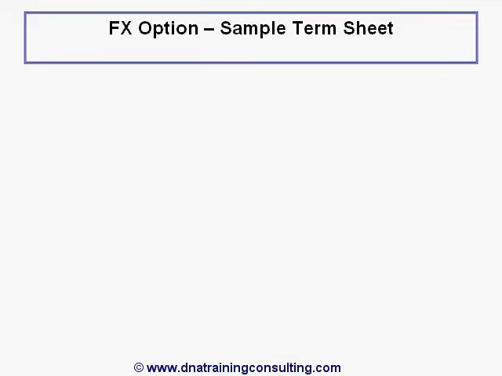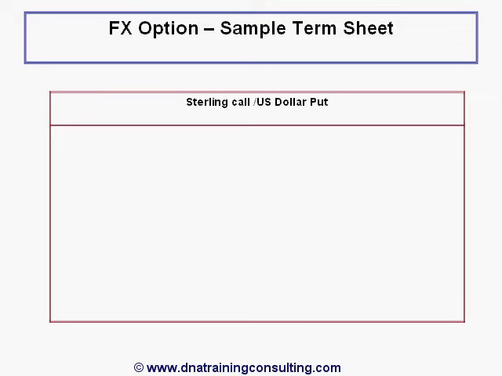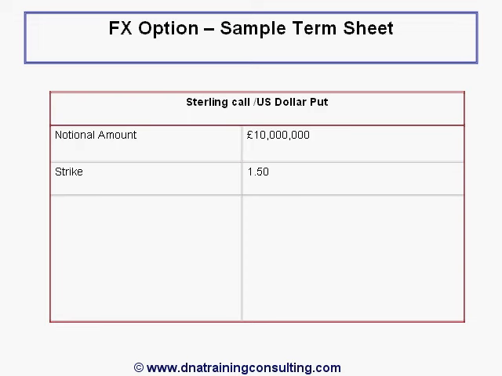The table you see here provides the principal terms of a typical FX option. The name of the option is sterling call US dollar put. The notional amount is 10 million sterling. The strike, $1.5.